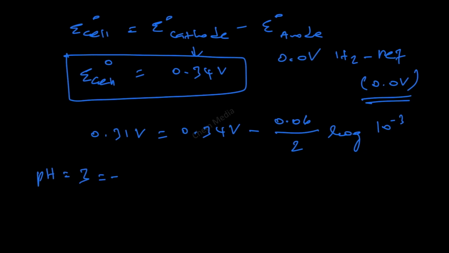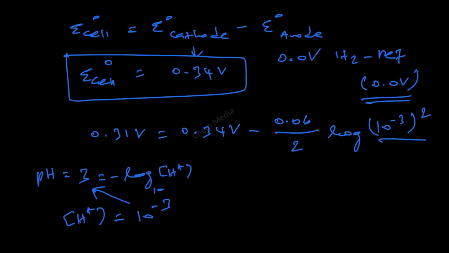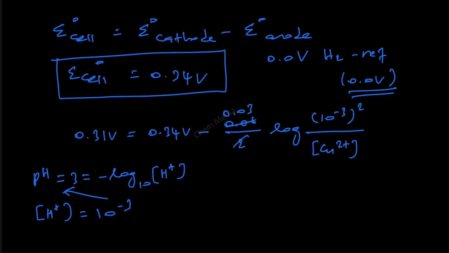We know that pH is equal to negative logarithm of H plus ion concentration. So H plus ion concentration must be equal to 10 to the power minus 3, so that we get the pH value as 3. So 10 to the power minus 3 whole square divided by concentration of copper 2 plus, and this will become 0.03. Now for the concentration of copper 2 plus, let's write the value as 10 to the power minus x, because that is what is given in the question paper.